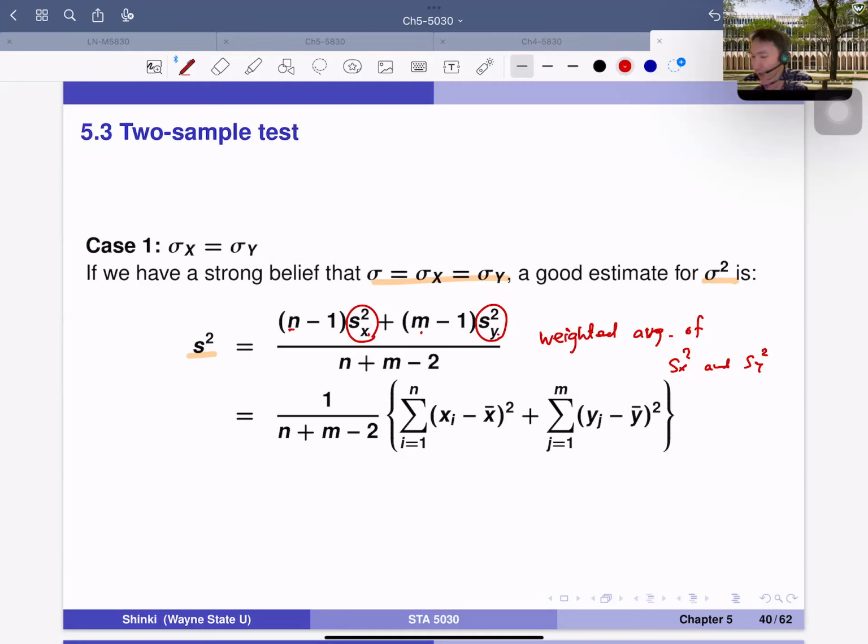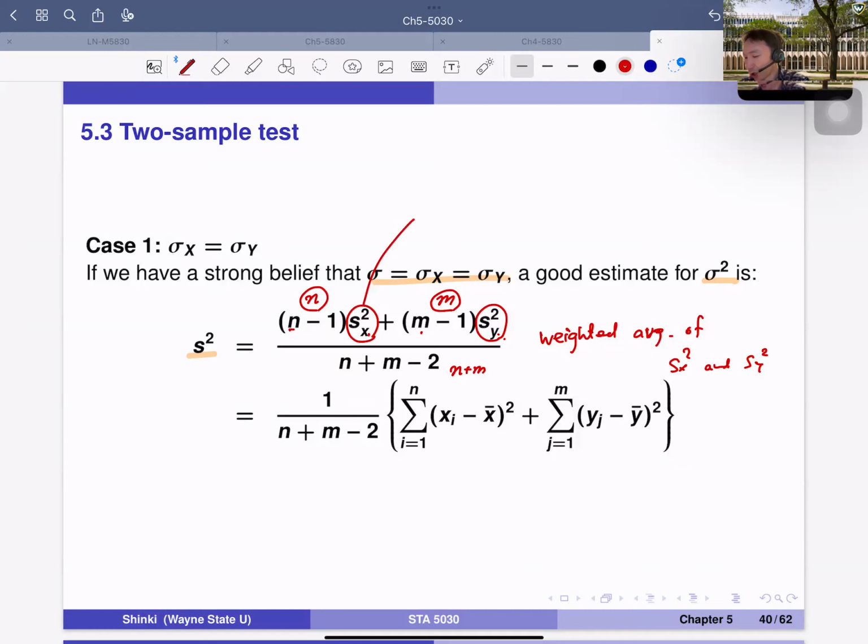And you can see that, roughly speaking, we have n here and we have m here, and in the denominator we have n plus m. So x is based on n observations, so we put the weight of n, and y has m observations, so we put the weight of m. That is the idea. But actually we have some adjustment, n minus 1 and m minus 1.